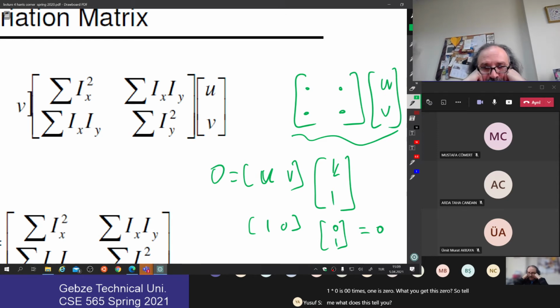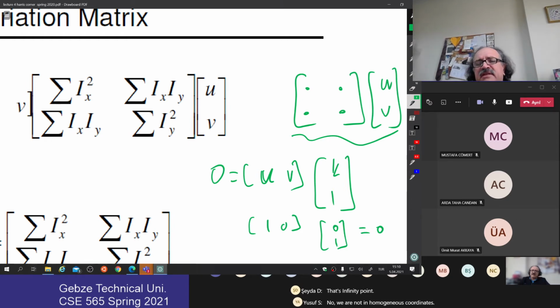Come on, people, you know this. If you multiply two vectors and the dot product is 0, what does that mean? That's infinity point. No, we are not in homogeneous coordinates.